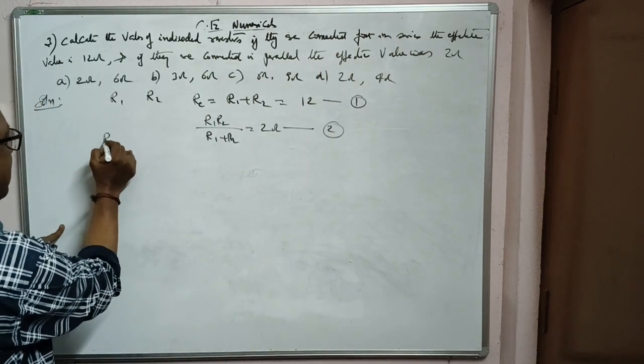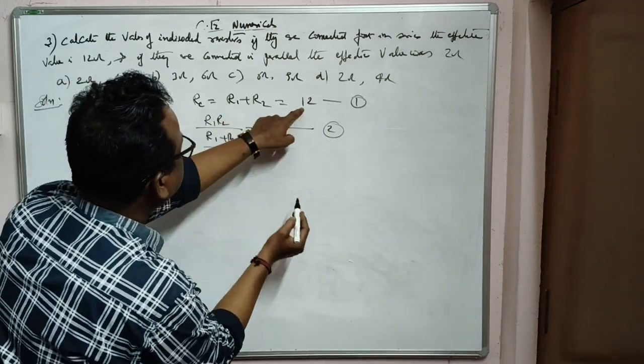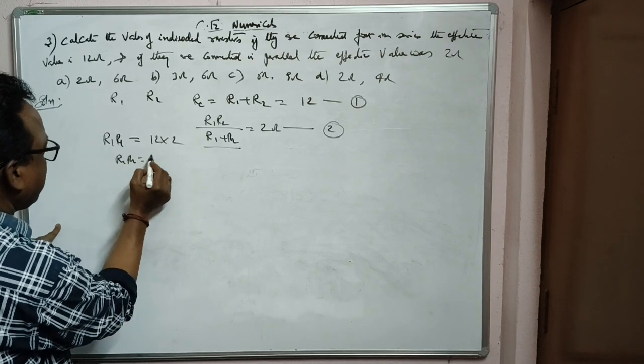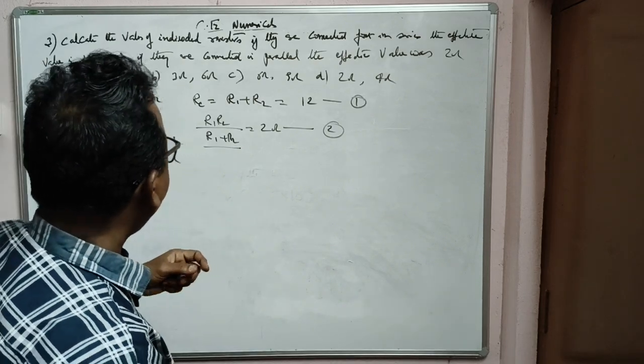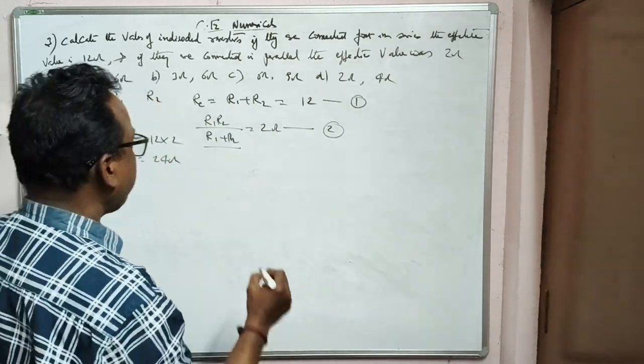Now let us play a small game. R1 R2 is equal to, what is R1 plus R2? Is given 12. So 12 into 2, that is R1 R2 is equal to 24 ohms. Clear? Now we have R1 R2. You have to find out R1 minus R2.